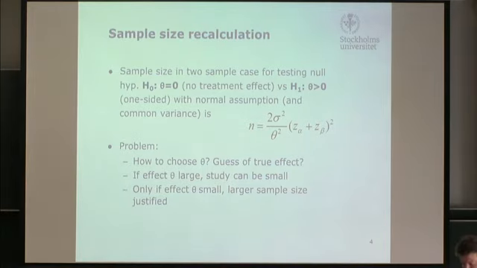If we would know or anticipate that the effect theta is very large, then we can run a very small study, since we divide by theta squared. From the investment perspective for the company, one does not want to invest unnecessarily much, so only if the effect is small but still meaningful is a larger sample size justified. So when theta is smaller, our n becomes larger.